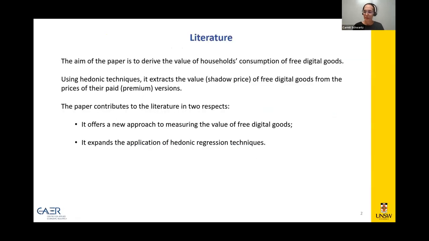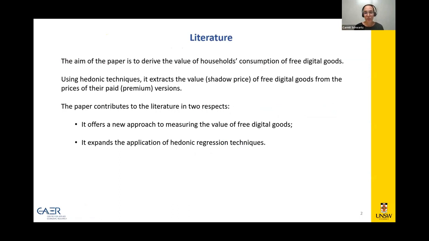So I'll begin by placing the paper within the literature. As we saw, the aim of the paper is to derive the value of household consumption of free digital goods. Using hedonic techniques, it extracts the value, or you can call it the shadow price, of free digital goods from the prices of their paid premium versions.